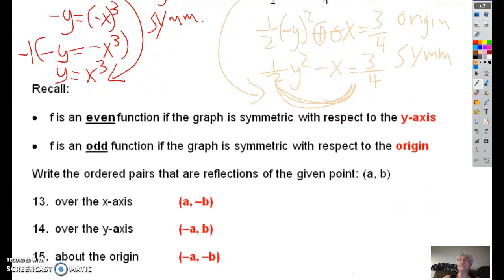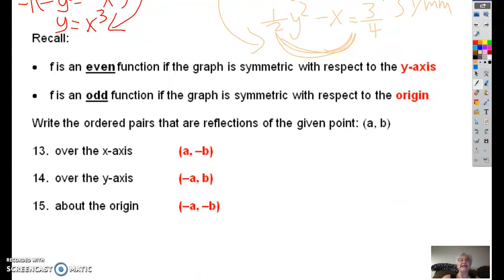So just a quick review of yesterday and today's lesson. An even function has obviously even symmetry, but that's going to be the same as y-axis symmetry. So the symmetry we tested for even is the same as y-axis symmetry. So if a function is even, it's automatically going to have y-axis symmetry.